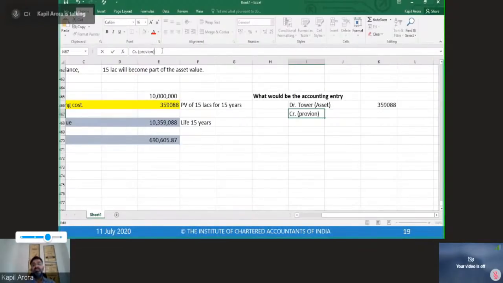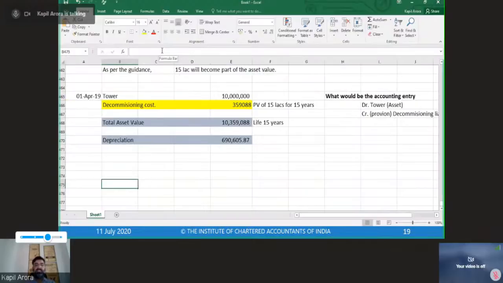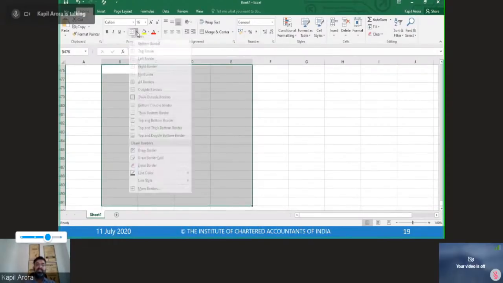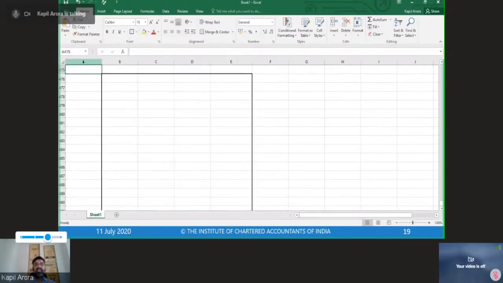It will be treated as provision, which is decommissioning liability in the balance sheet with the same value, right? In the balance sheet with the same value. If I show that in the balance sheet now, here I am talking about when the entry was done.